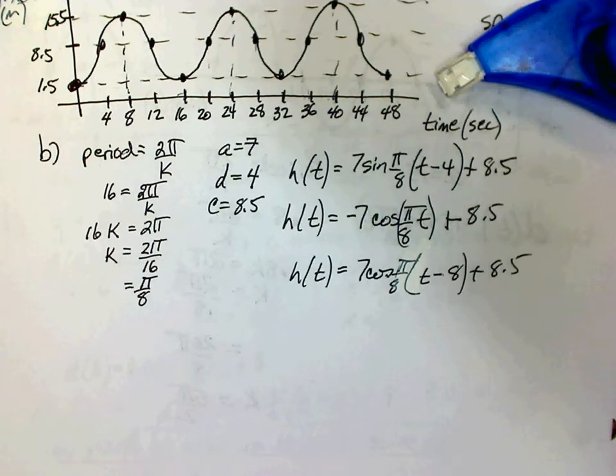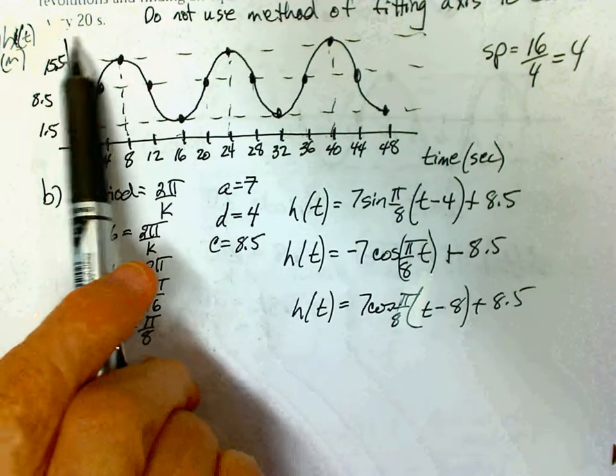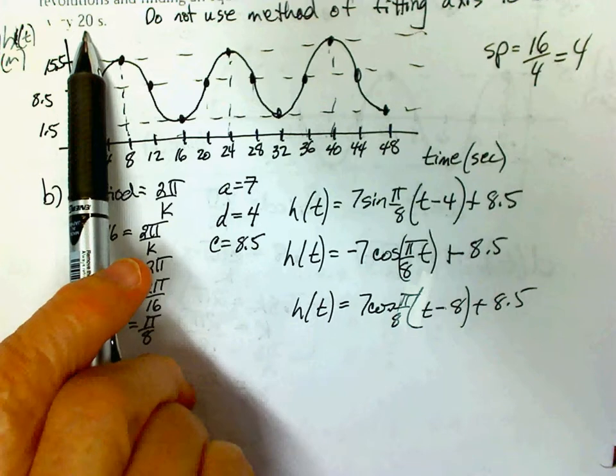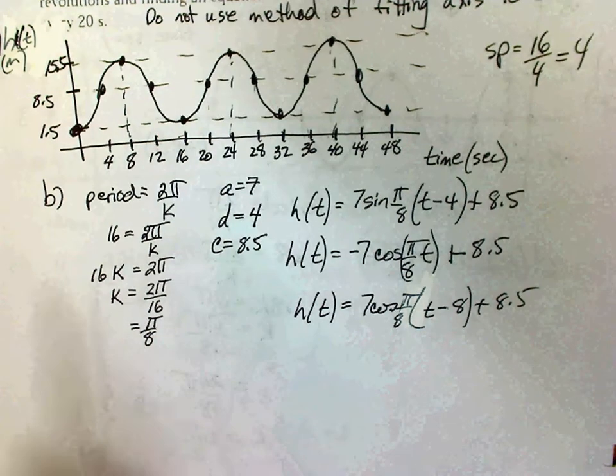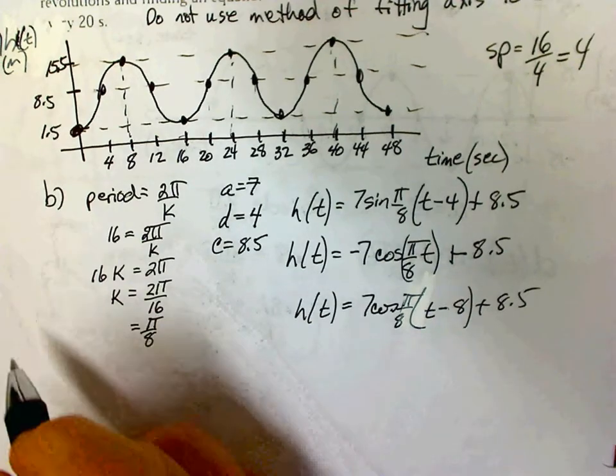Now what happens if a wheel completes one revolution every 20 seconds? How will the graph change if the Ferris wheel turns more slowly? What do you think is happening?